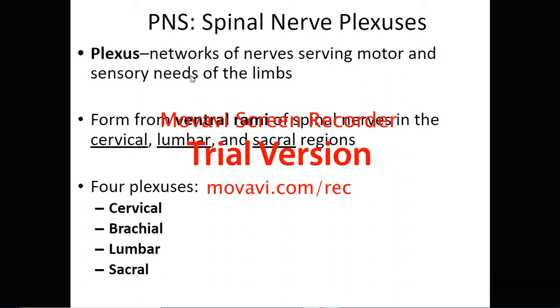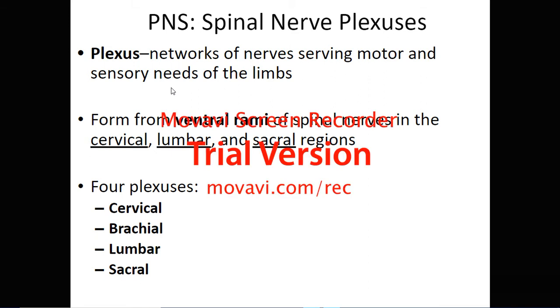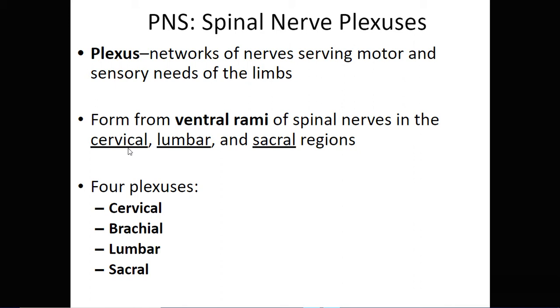The dorsal rami serve the back, your back muscles and your back skin. The ventral rami are going to serve the front area of the body and the limbs. And you have your four plexuses: cervical, brachial, lumbar, and sacral regions.